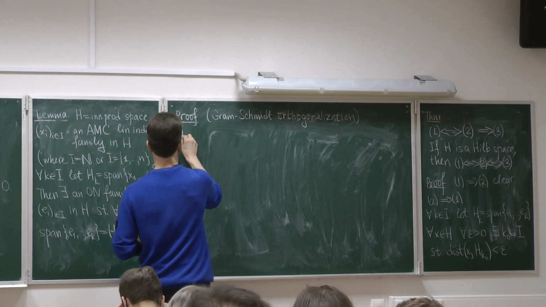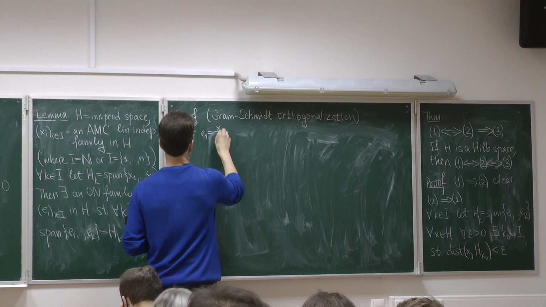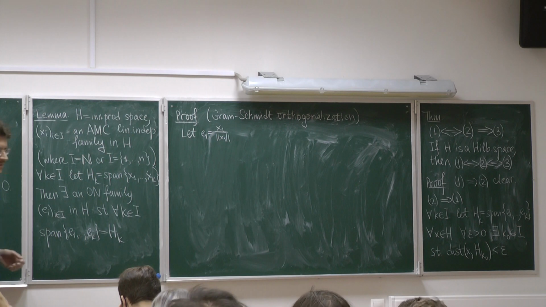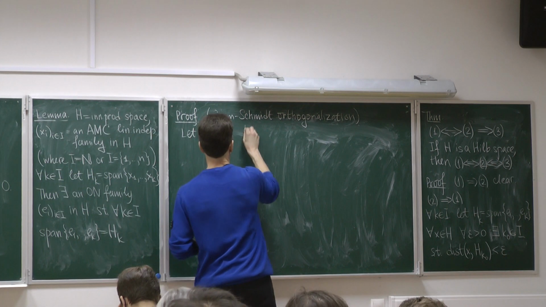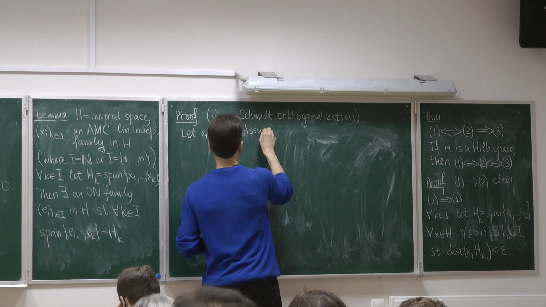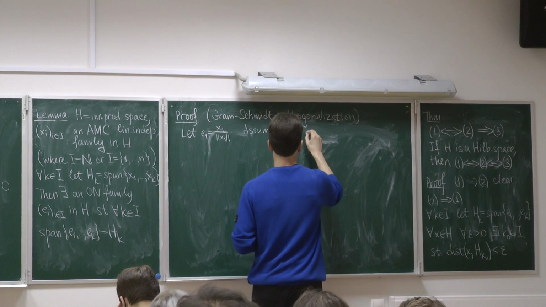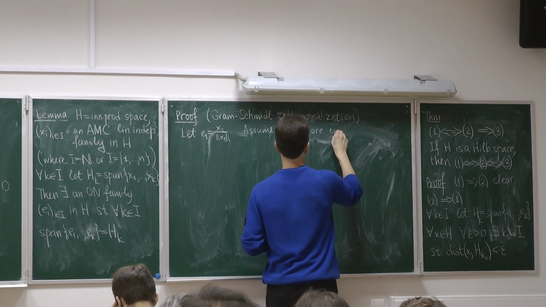First of all, we define E1 as follows. This is just x1 normalized. And we assume that the elements E1 to Ek minus 1 are already constructed.